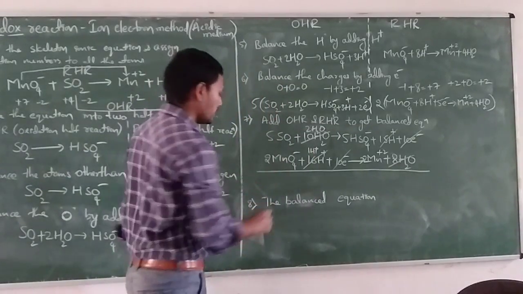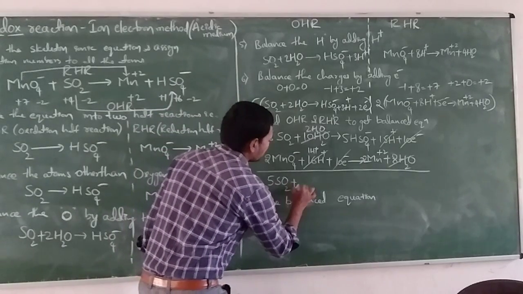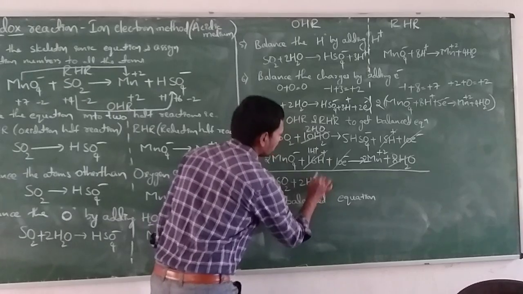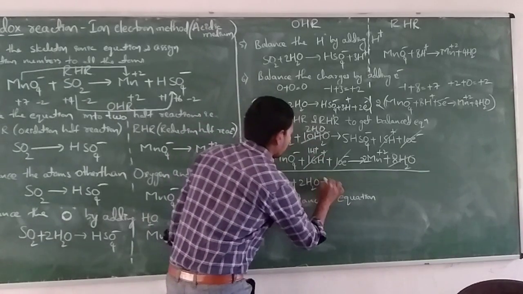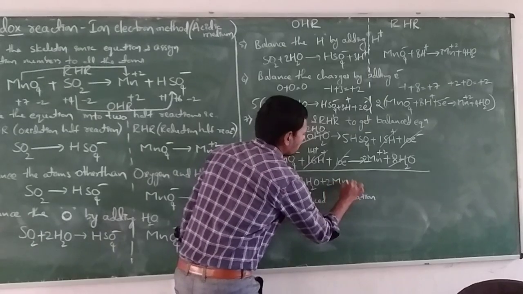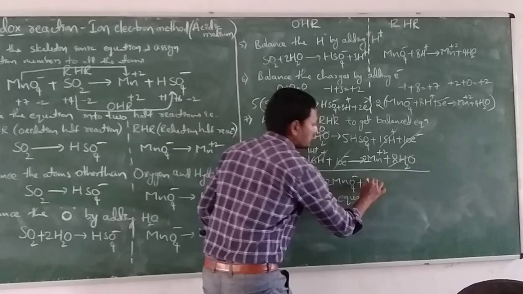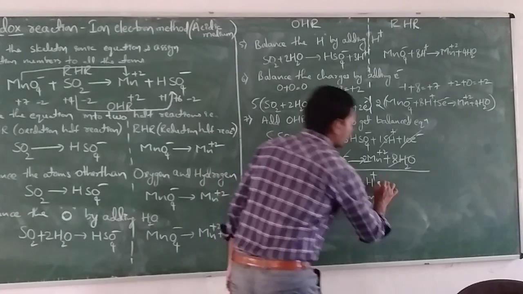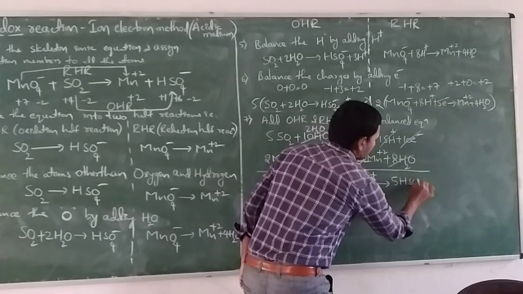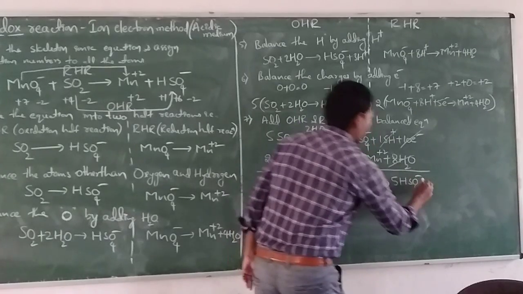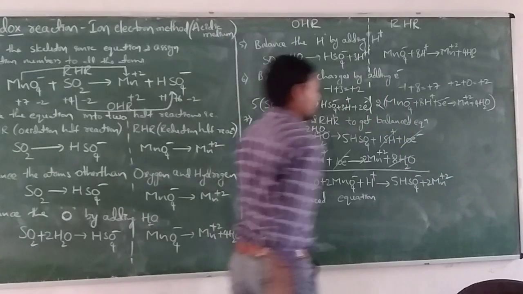No. Then write the balanced equation. 5 sulfur dioxide plus 2 water molecules on the left side, then plus 2 MnO4 minus plus 1 H plus gives rise to 5 HSO4 minus plus 2 Mn plus 2.